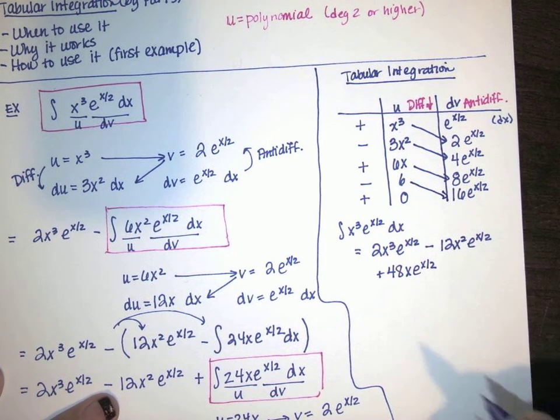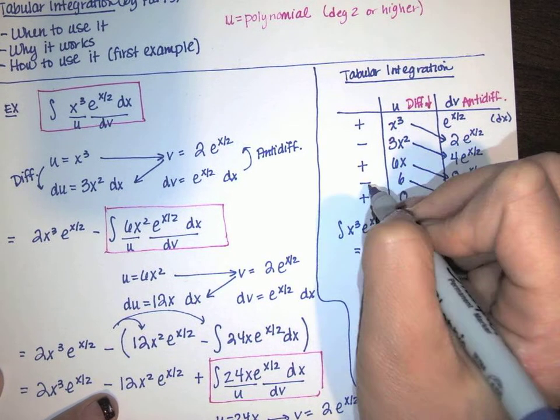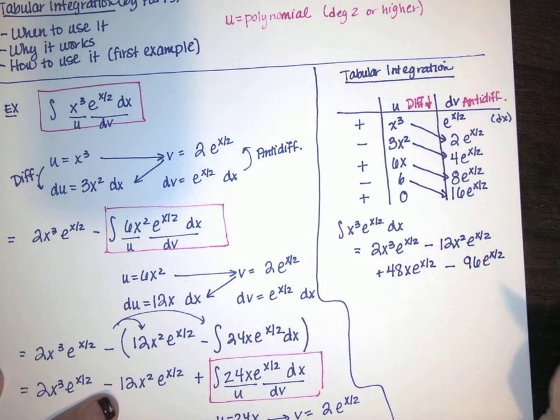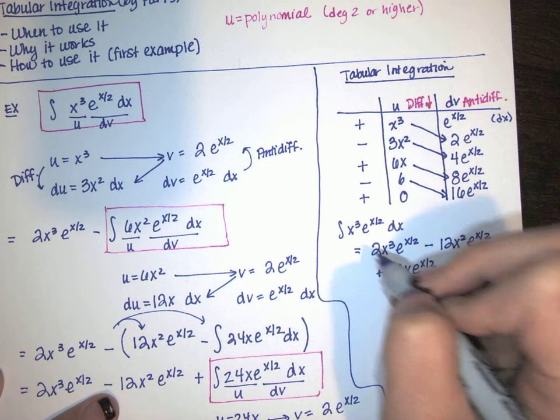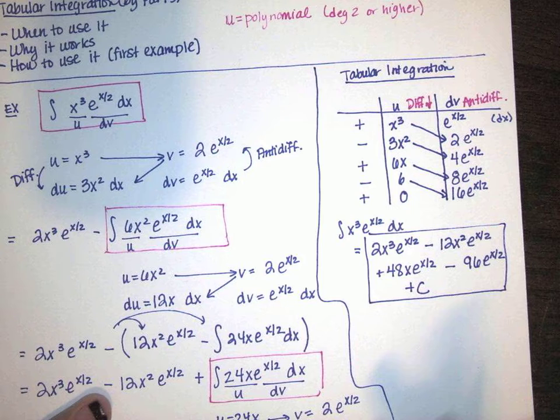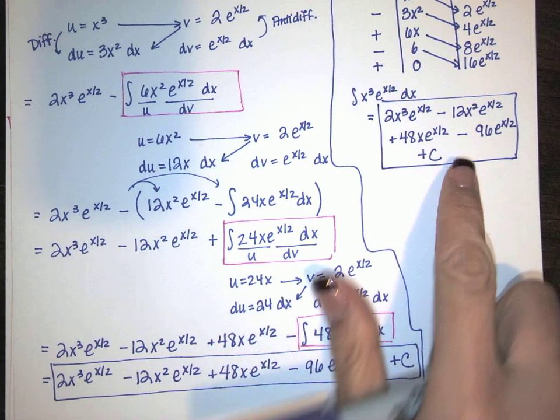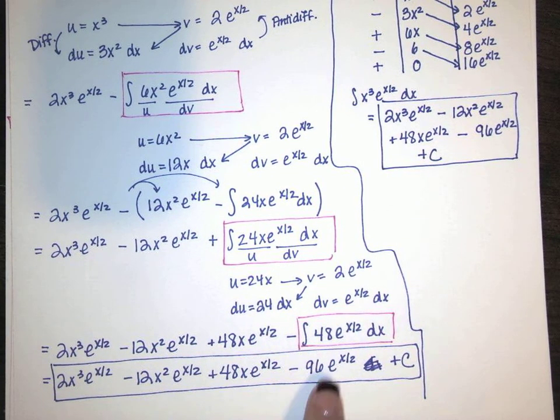Then multiply across that diagonal. Multiply the result by -1 and add. And don't forget your plus c. And that's your answer. And look, it's the same answer here that we got down here. And this was a lot more work.